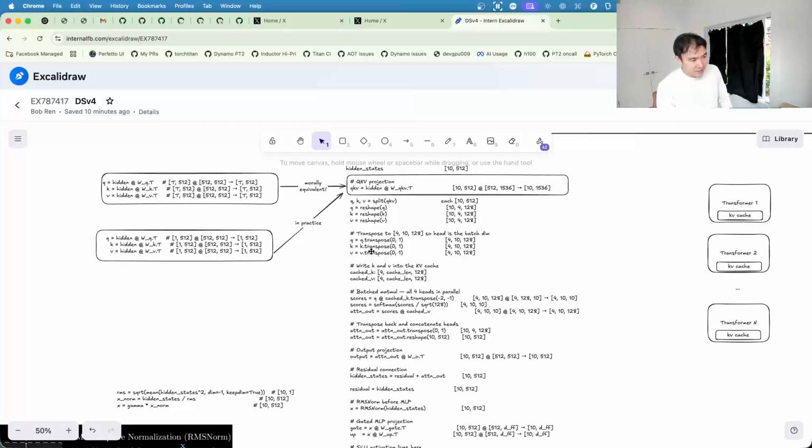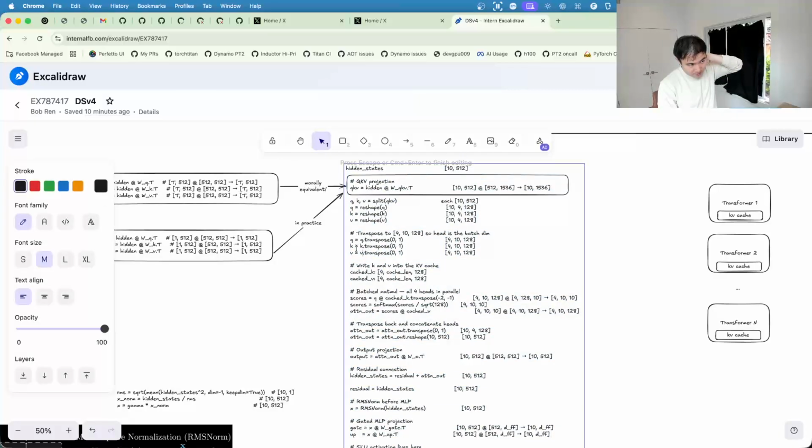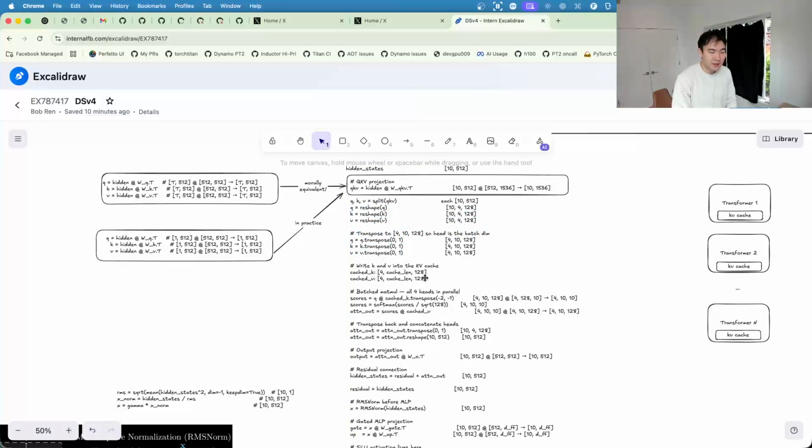And this is where the KV cache comes into play. We take the size 1 tensor, calculate Q, K, and V for this one token, and write the K and the V associated with this particular token into the KV cache.